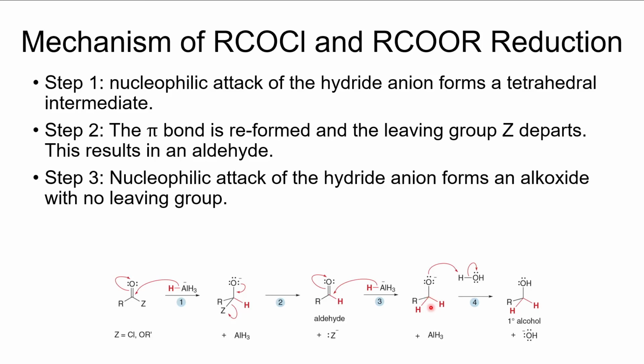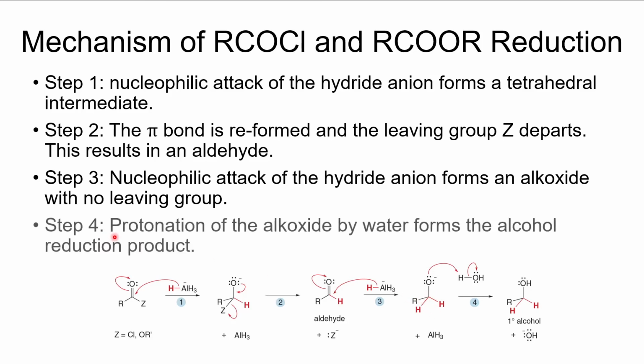Subsequently, we can add water to protonate that alkoxy group to give us this primary alcohol. So the big difference is LAH goes all the way through. LAH is shorthand for lithium aluminum hydride. The lithium tri-tert-butoxy aluminum hydride will react with the acid chlorides, and DIBAL will react with the esters.